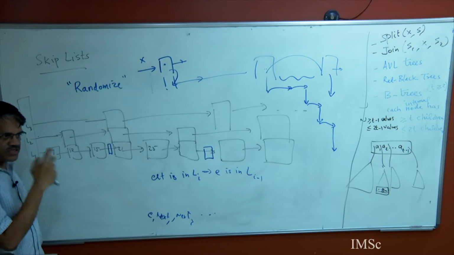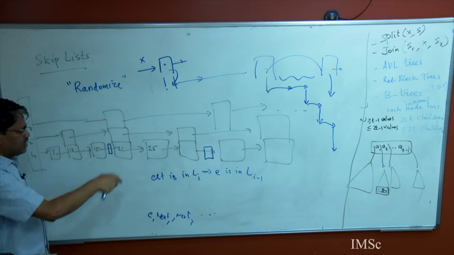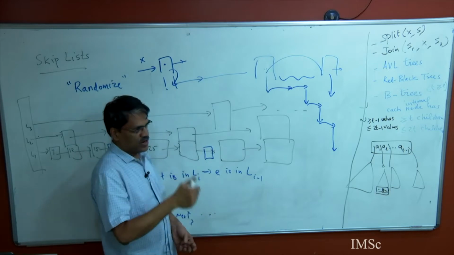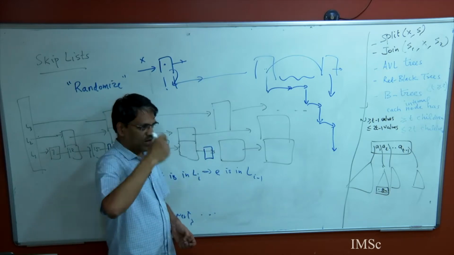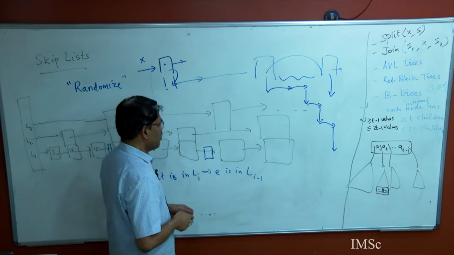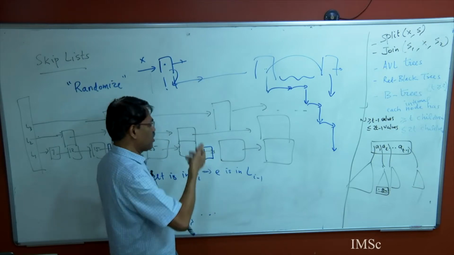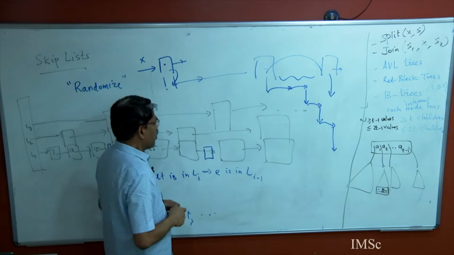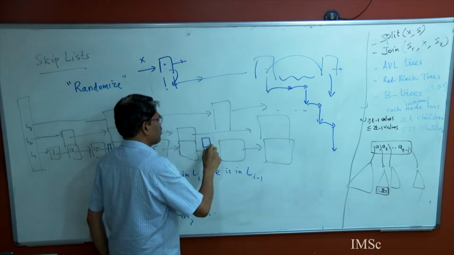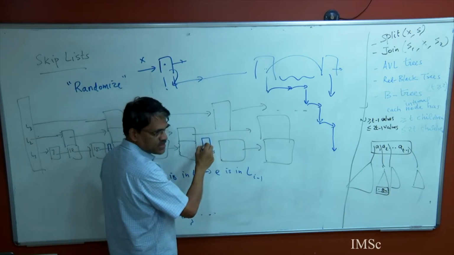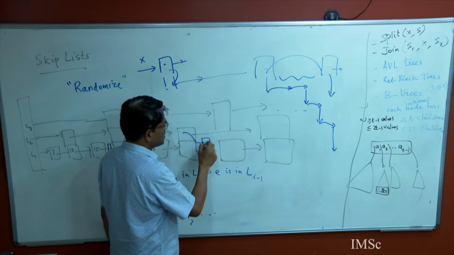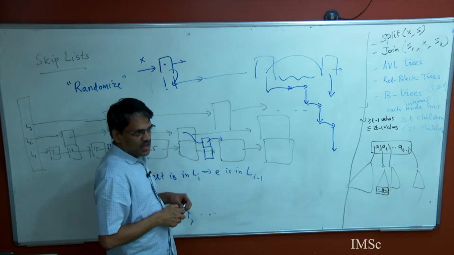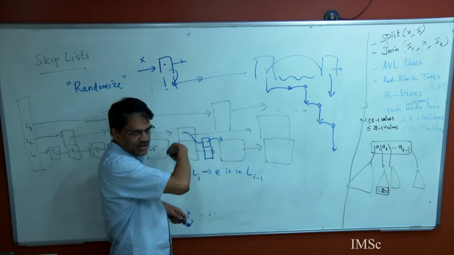When you insert, you follow the search, and it tells me I have to insert here. And for that element, I independently toss coins, and as long as I get heads, I'll keep on adding it, and when I get a tail, I'll stop. Now suppose I add it to the next list. I have to do this pointers business, right? So I need to know the neighboring element, but that is determined by my search algorithm.